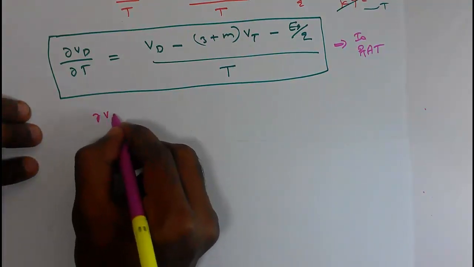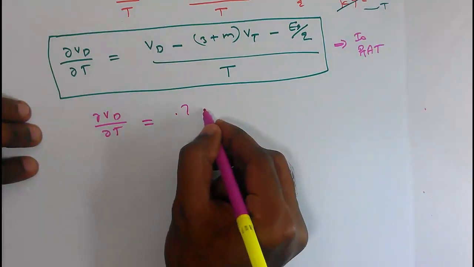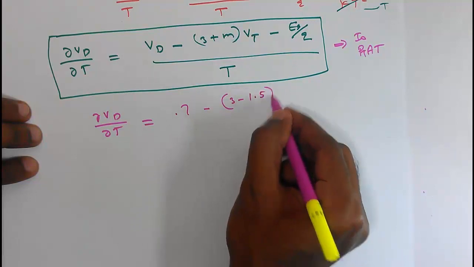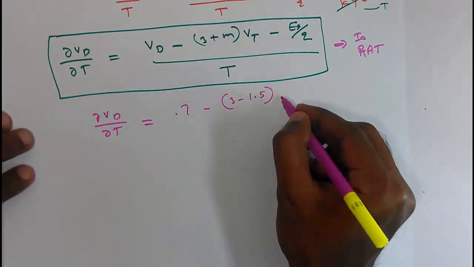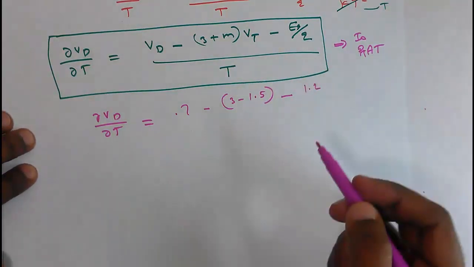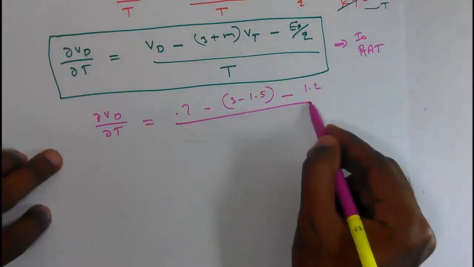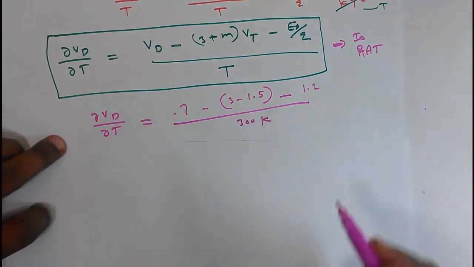So ∂Vd/∂T, assume Vd is 0.7, minus (3 minus m), m is minus 3 by 2, that is 1.5, minus Eg by q is 1.2, that is 1.2 electron volt divided by q, that is 1.2 itself, all divided by 300 Kelvin.